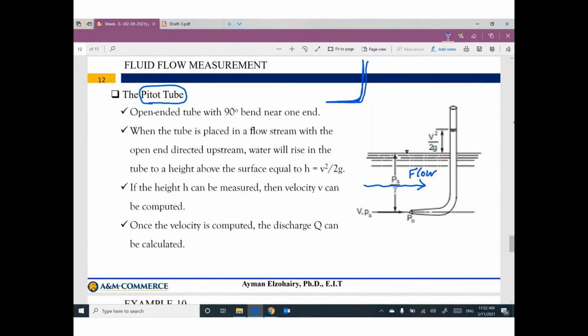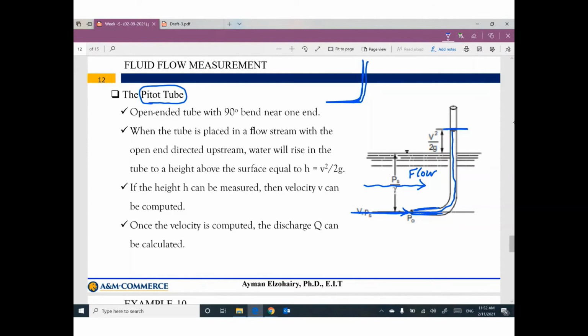So we will make this leg of the tube parallel to the direction of flow, so the water can go inside this tube and rise up.